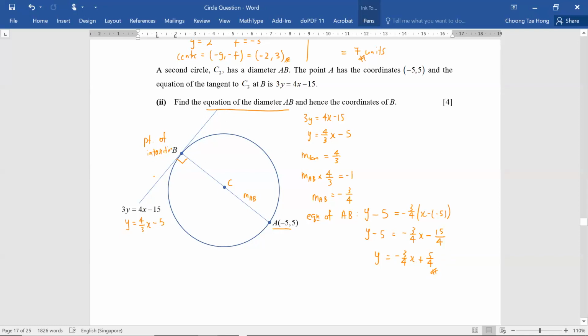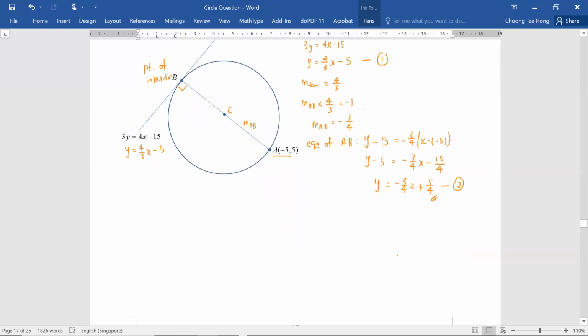So whenever you come across this term intersection point, always think of solving simultaneous equations. And indeed this is what we are going to do. We are going to solve simultaneous equations for equation 1, which is the equation of the tangent, and equation 2, which is the equation of AB, which we just found. We can do that easily by just equating 1 and 2.